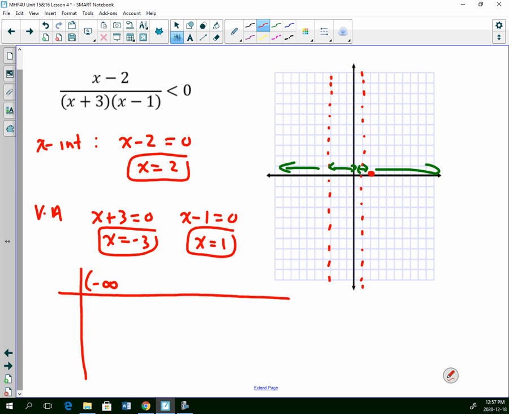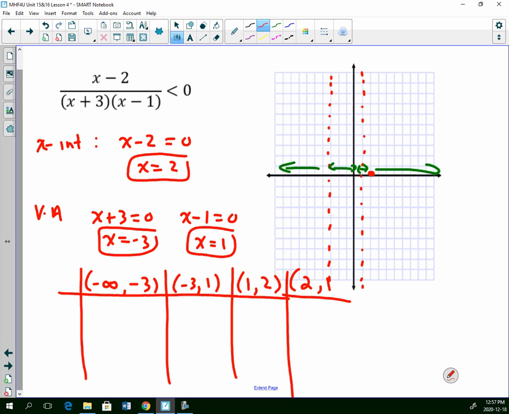So to the left of -3, between -3 and 1, between 1 and 2, and 2 and infinity. And then I put my numerator, which is x minus 2, my denominator, which is x minus 1.